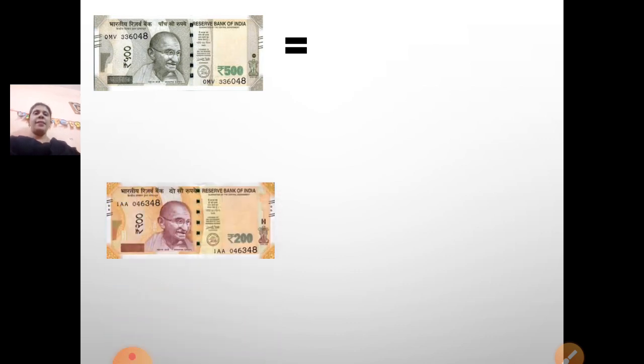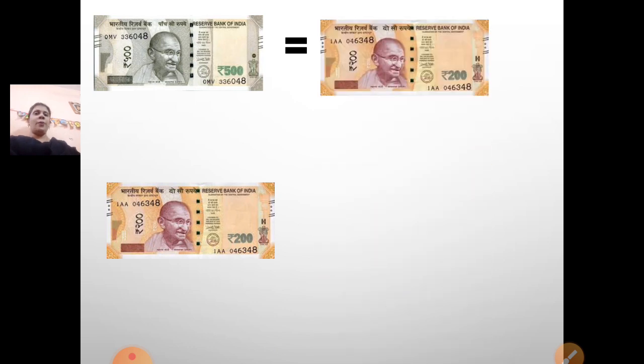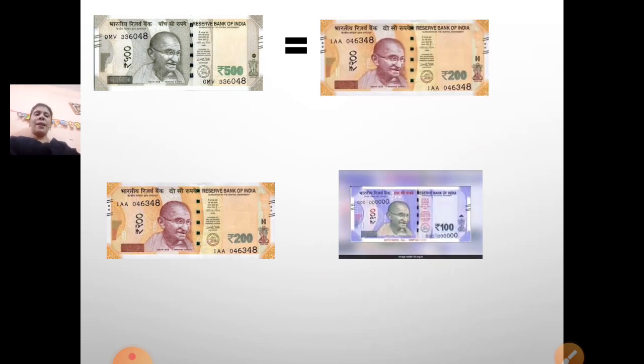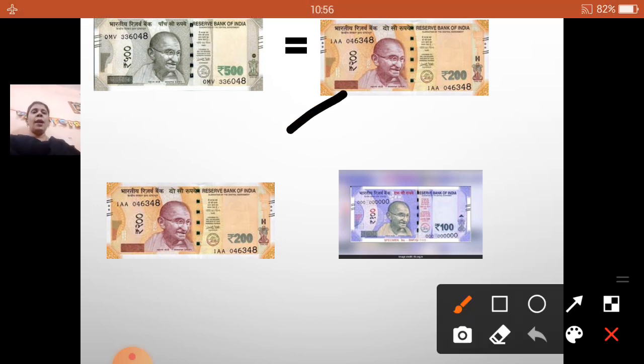Okay. Now 500 rupees. Now give me the change of rupees 500, children. Okay, one 200 rupee note, one more 200 rupee note and 100 rupee note. Let us count and see. 200 plus 200 will be 2 plus 2 is 4.